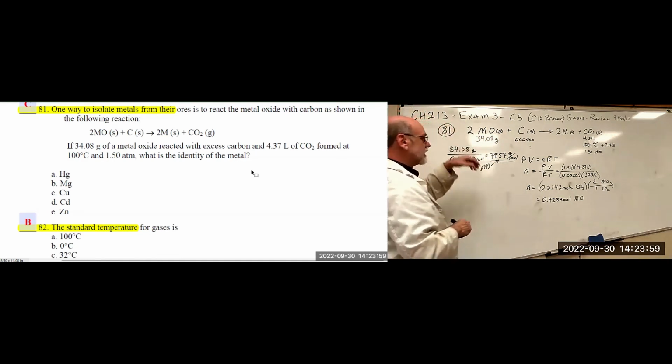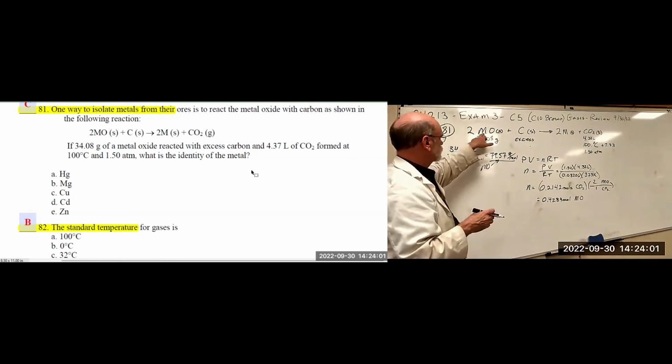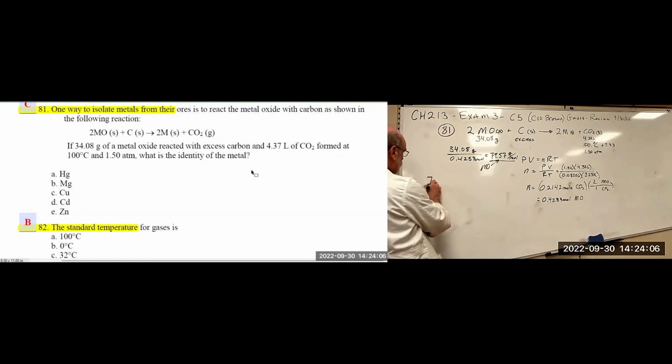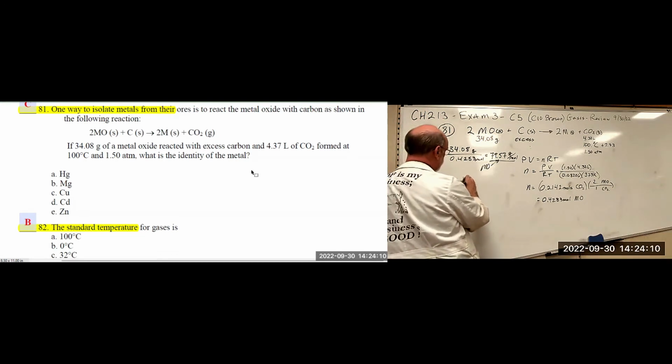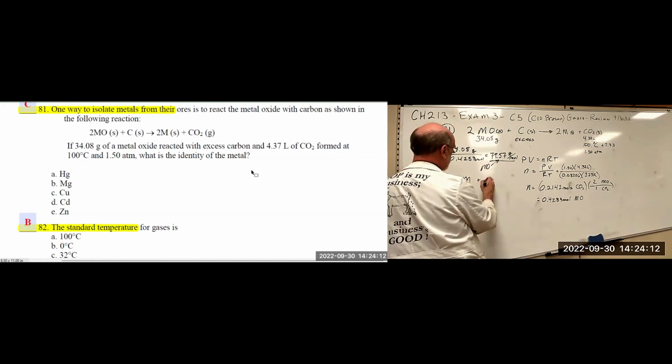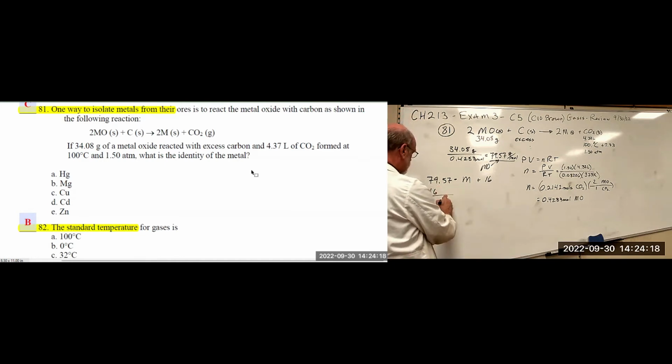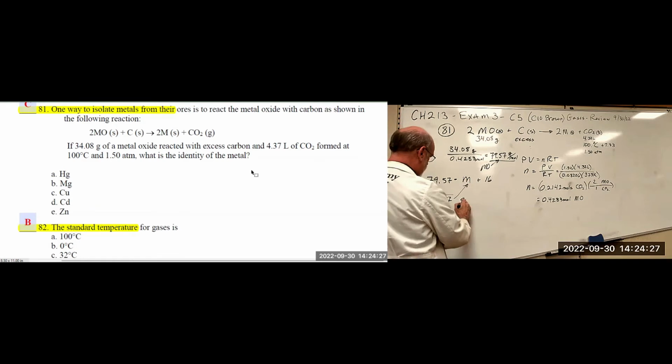If we were calculating that and we knew that this was one metal and this was one oxygen, we would have a total molar mass equal to whatever the metal molar mass is plus 16 for the oxygen, right? So let's subtract 16 from that one. 63.57, that would go right here, grams per mole.